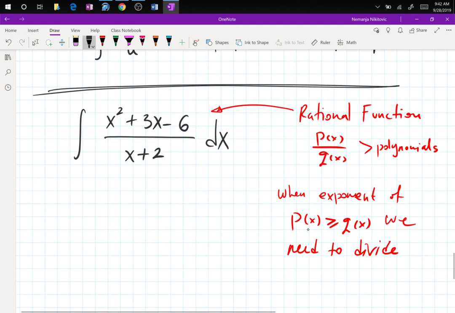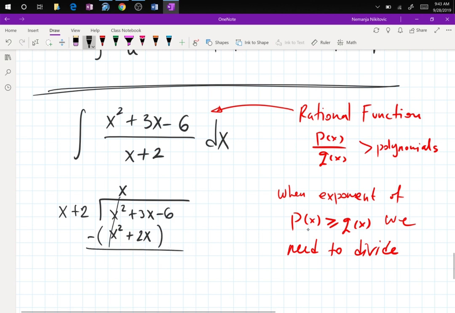So now I'm going to start with x plus 2 divided into x squared plus 3x minus 6. x goes into x squared x times. x times x plus 2 is x squared plus 2x when you multiply back. Then you subtract it. These cancel.